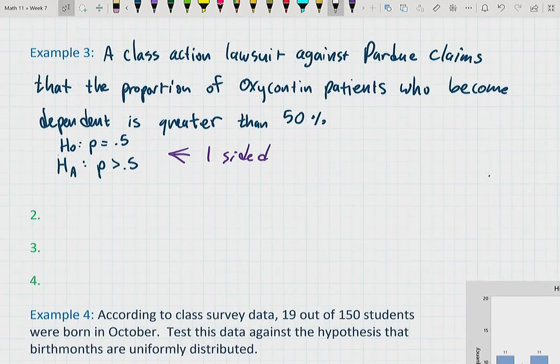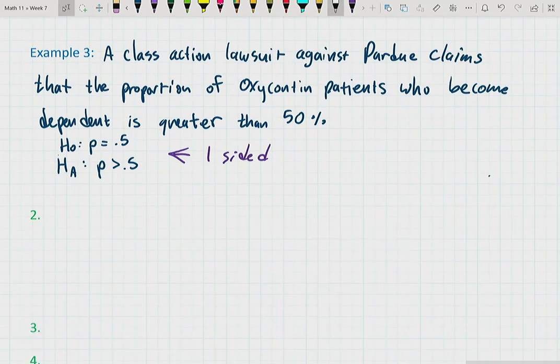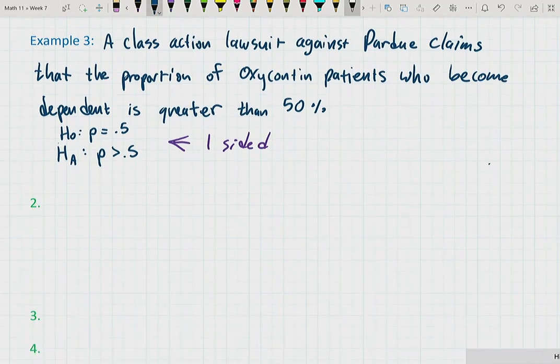Having set up your hypotheses, the next step is to calculate a test statistic.